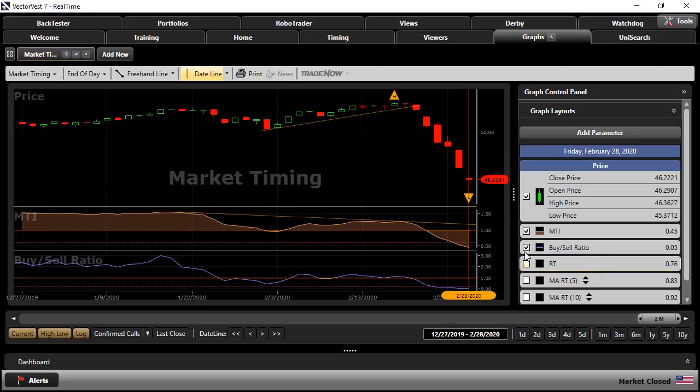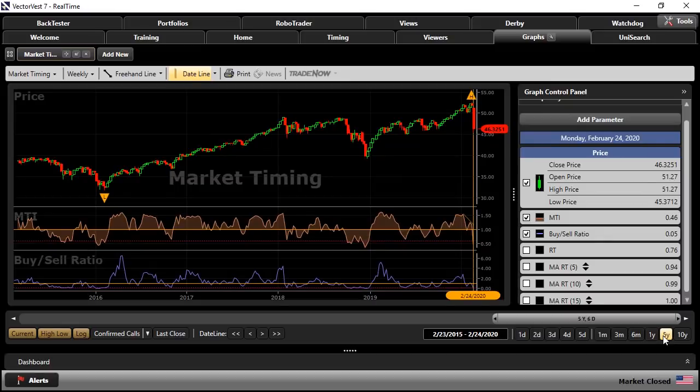So what I want to do is I want to take you back in time when these indicators were at the levels or lower than where they are right now and what happened and what to look for during those times. I'm going to put myself on a 5-year graph, and I'm doing this for a reason. As we go back to a 5-year graph, our graph now turns to a weekly graph, which means that every candle now represents 1 week.